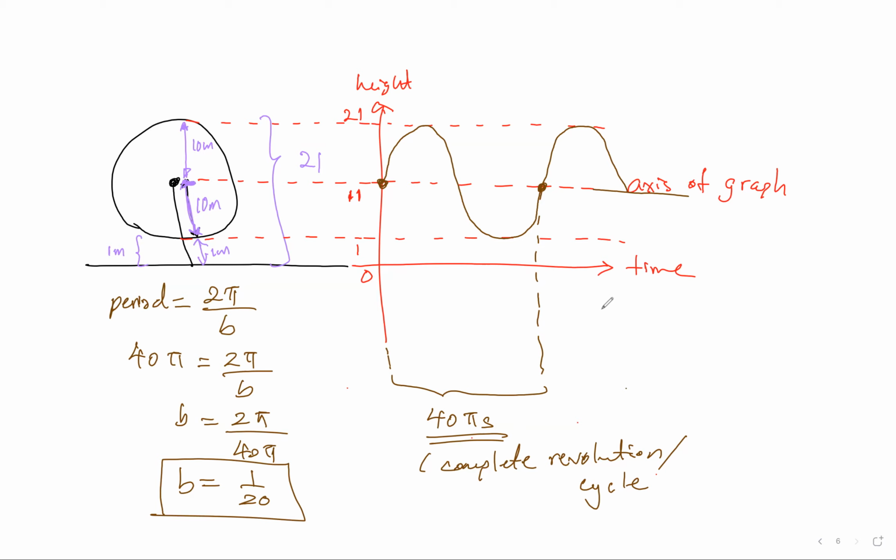You know that this is typically a sine. So y is equal to a sine b t, usually this is what we write, plus c.